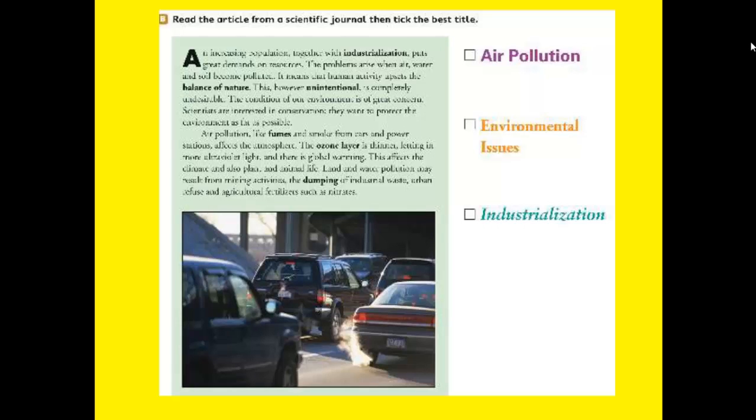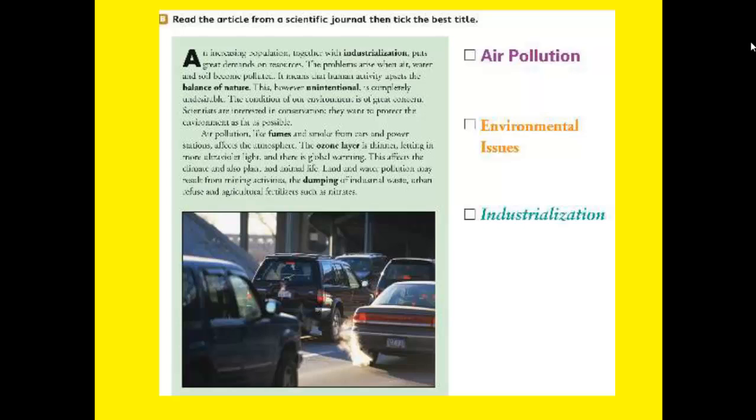Now, after reading this text, we can choose the best title, and in my opinion, the best title is the second one, which is environmental issues, because here we don't talk about air pollution only.